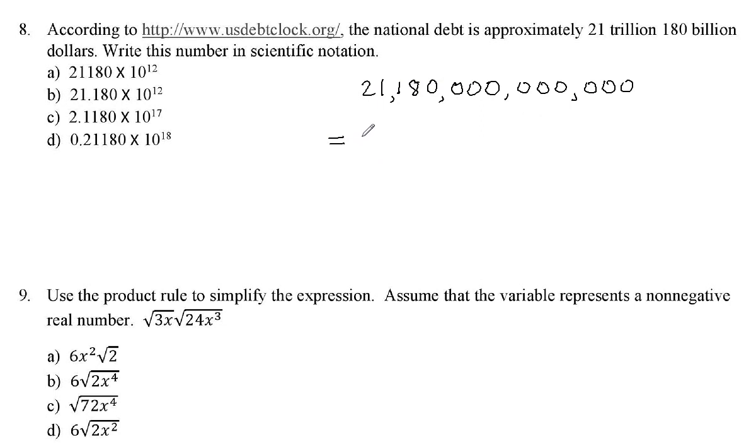So remember, what we want is one number to the left of the decimal, so the 2 and then the decimal place. And then we've got 1180. And how far do we move the decimal? 3, 6, because it was here. 9, 12, 13 places. So this will be 13th power. Whoops, I need my times 10 on there.